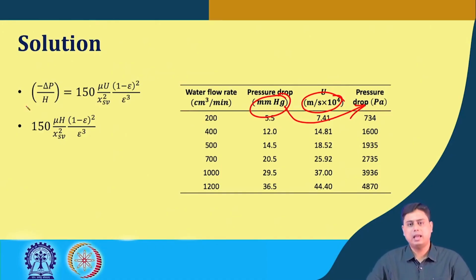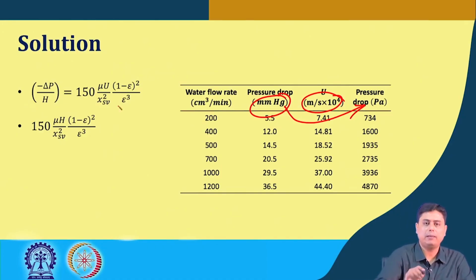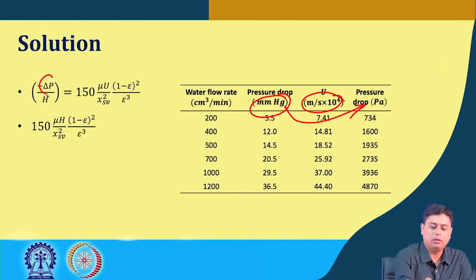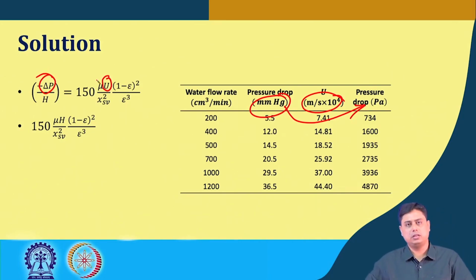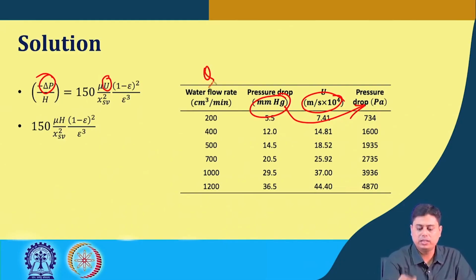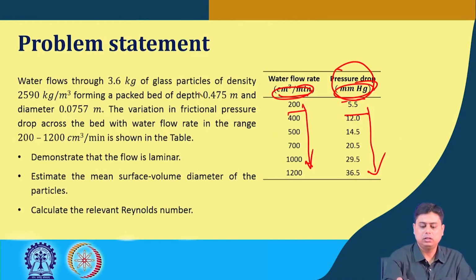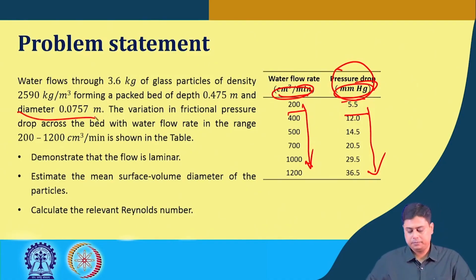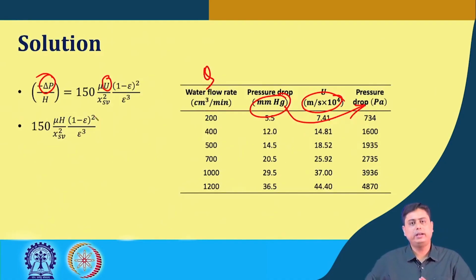So, assuming that it is laminar, we can see that the pressure drop is linearly varying with the superficial velocity. From the water flow rate Q, we know the cross sectional area because the diameter is given. So, we can calculate Q by A, which is the superficial velocity, and we know the pressure drop.